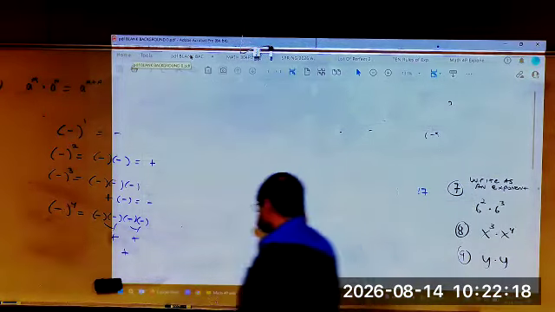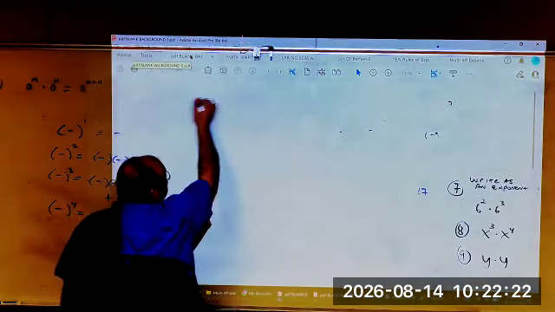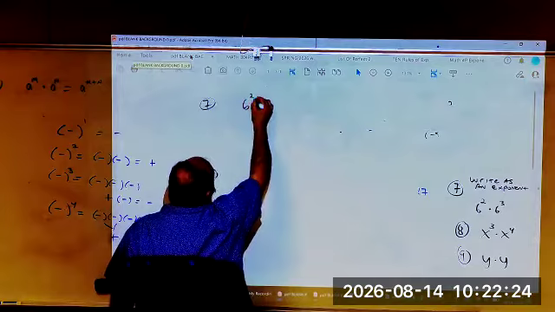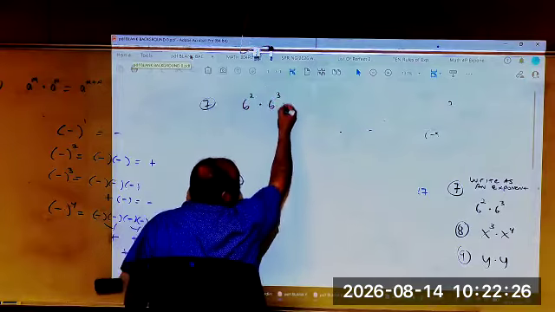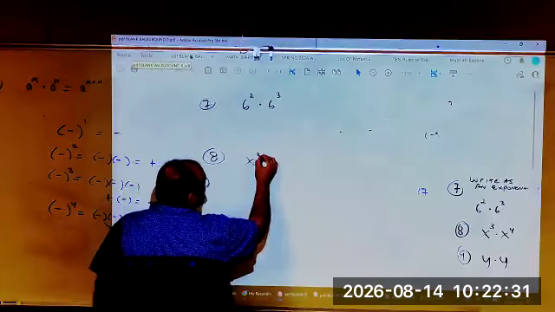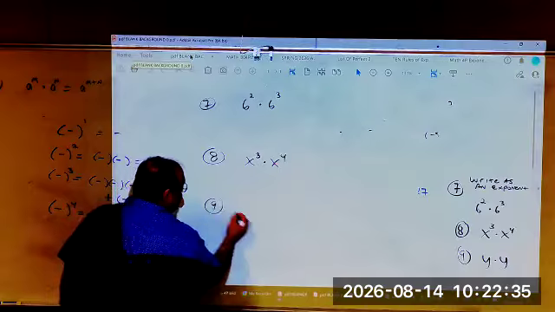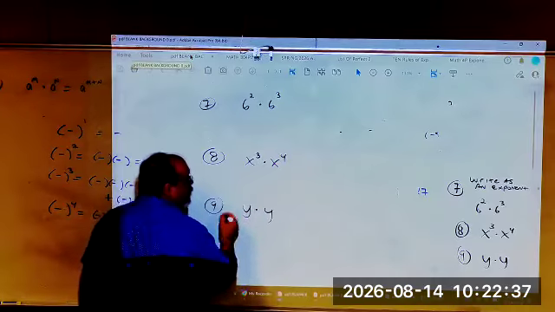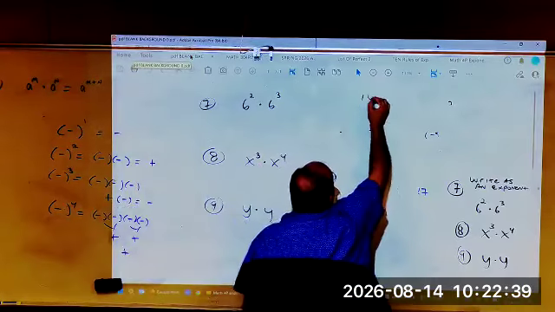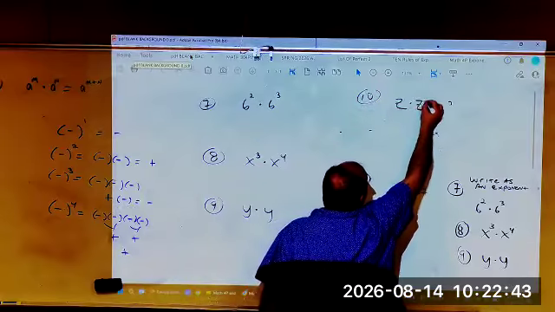Okay, these. 6 to the second times 6 to the third. 8: x to the third times x to the fourth. 9: y times y. 10: z times z to the fourth.